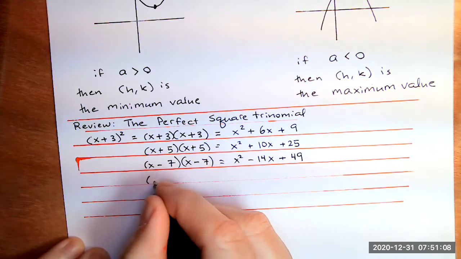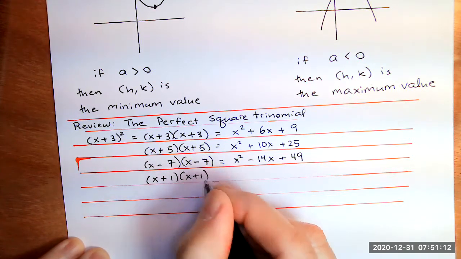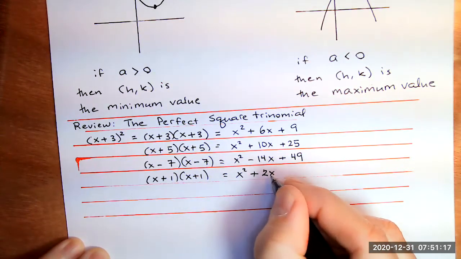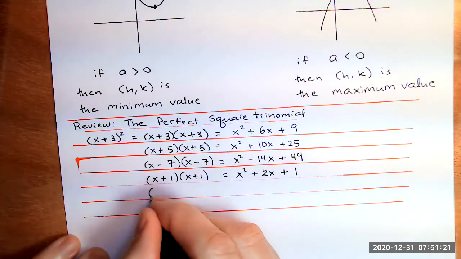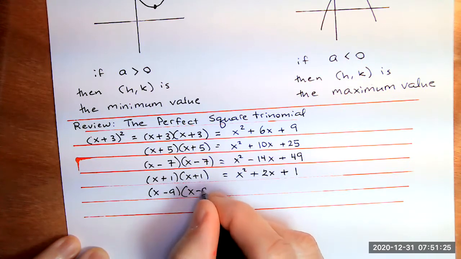X plus 1 squared is x squared plus 2x plus 1.